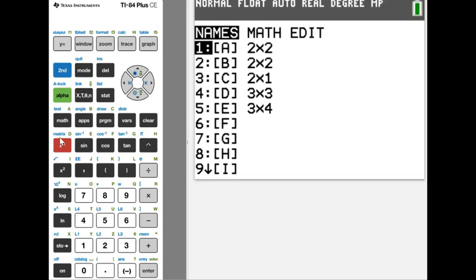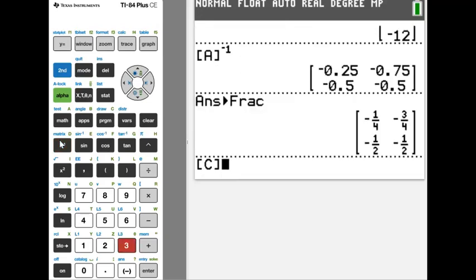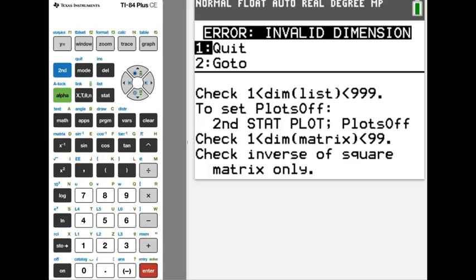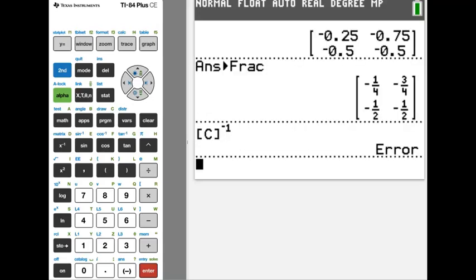So if I go back to matrix and I choose matrix C and I ask my calculator to find the inverse, it's going to give me an error message. On some calculators, it'll say error singular, or it might say error invalid dimension. Both of those mean the same thing, just that it's not a square matrix, so you cannot find its inverse. All right.